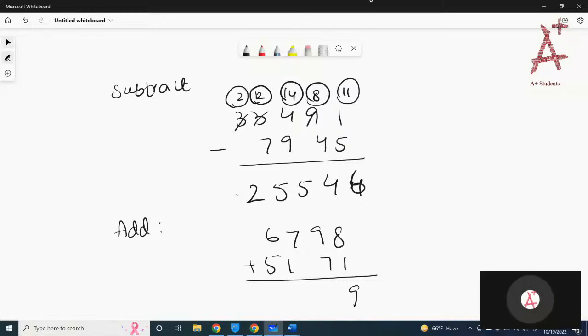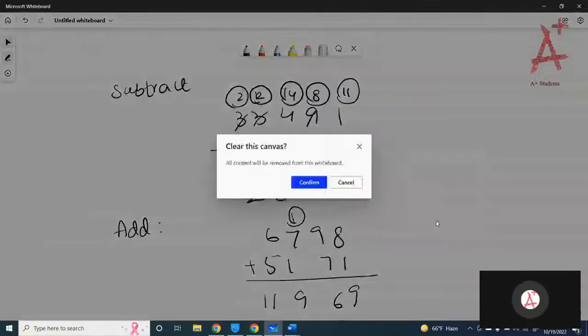Okay, the next one is 9 plus 7 is 16. You need to write 6 over here and carry 1 over here. So 7, 8 and 1, 9, and 6 is 5. 6 plus 5 is 11. Got it? This way you have to subtract the numbers and add the numbers. Got it? Okay, on the top right corner we have a test button. Let's just start with the test.